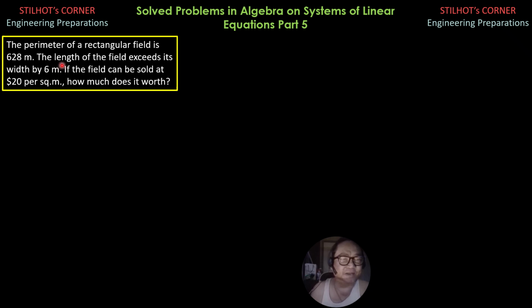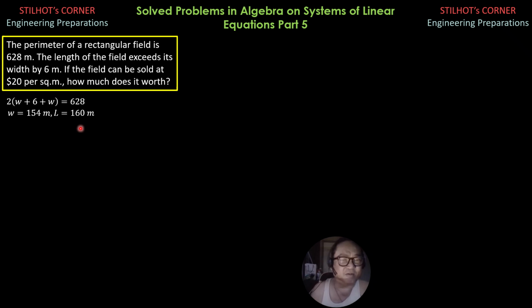The perimeter is 628, so 2 times quantity (W plus 6 plus W) equals 628. Solving for W, it is 154 meters, so it follows that the length is 154 plus 6, so 160 meters.